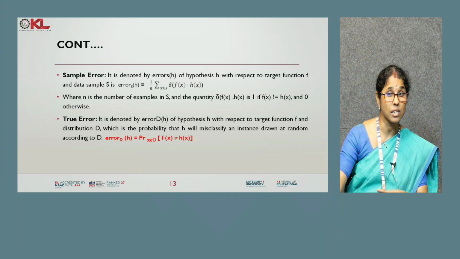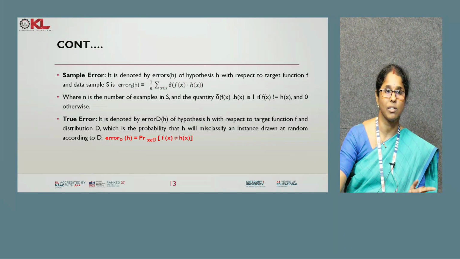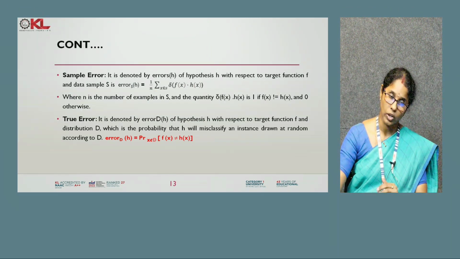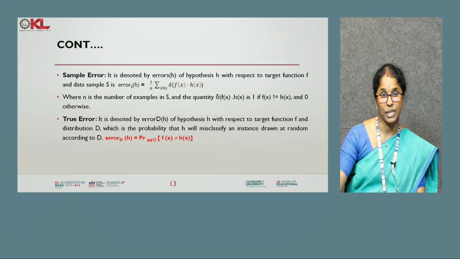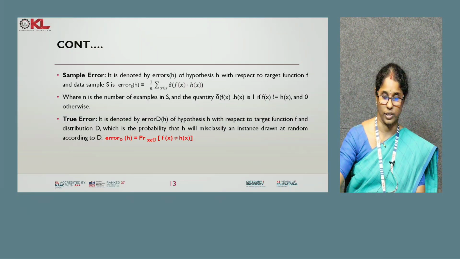If f(x) is equal to h(x), then your target function and your assumption are both the same. That means you have got a high accuracy rate there. That is called the sample error. Sample error means you have calculated on the sample of the data taken from your data set. The true error is calculated on the entire data, based on a particular distribution.